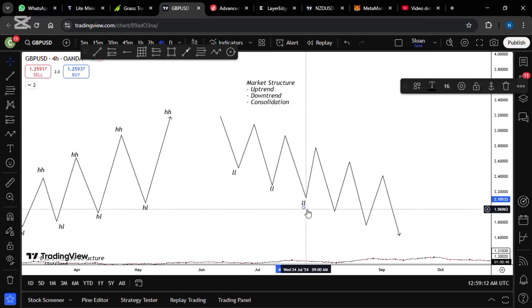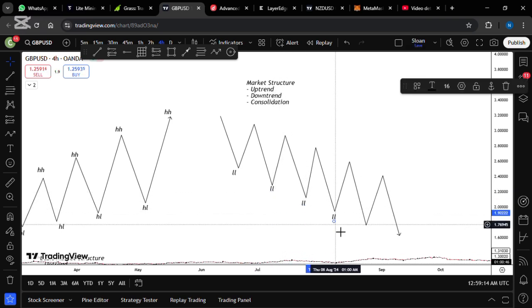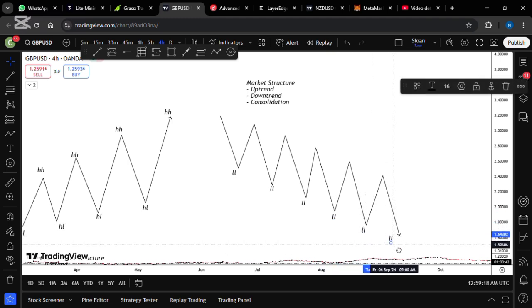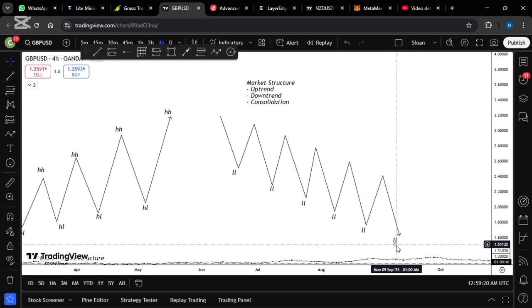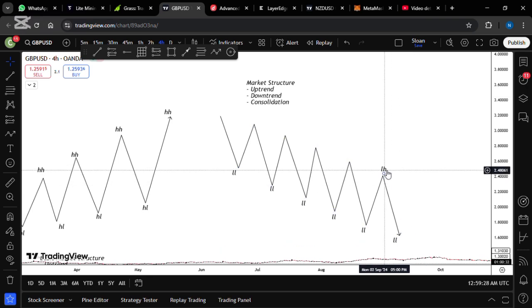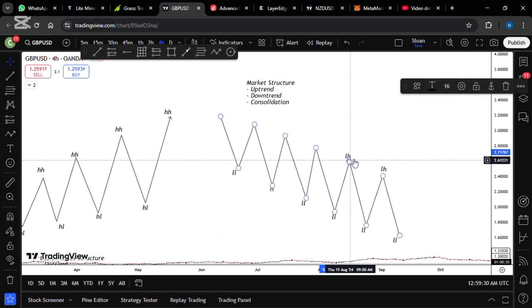All right, and then let's articulate for the up part. Lower high, correct? Yeah, lower high. So that's basically what the market does for an uptrend and a downtrend.